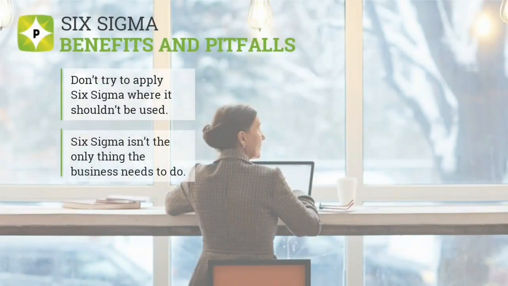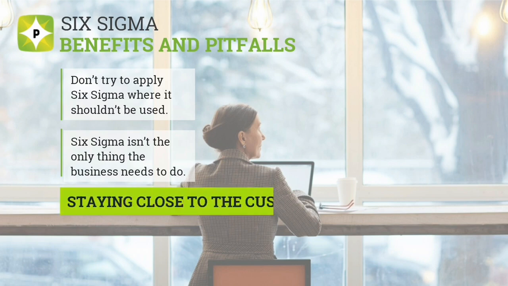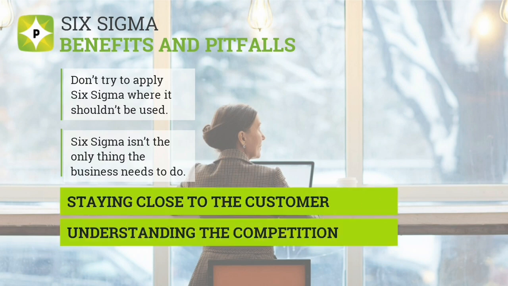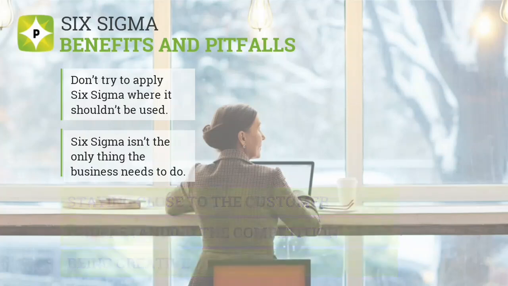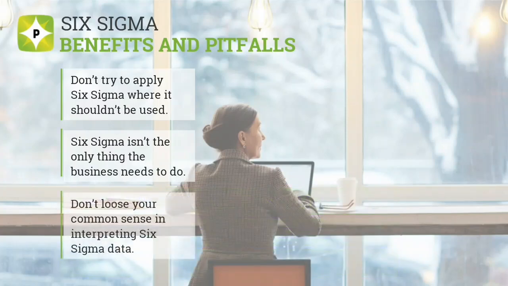Keep in mind that no organization can succeed solely by improving its processes. There are many other things that need to be done, such as staying close to the customer, understanding the competition, being creative, etc. As a Six Sigma belt, you will become an expert at using data to dethrone widely held myths.